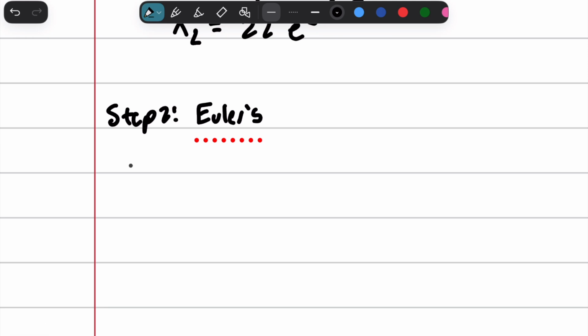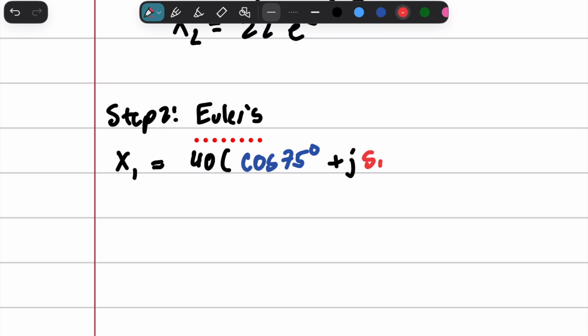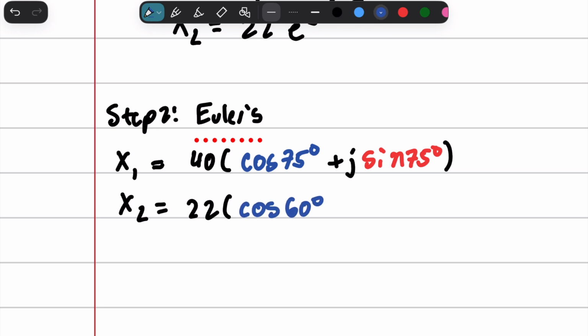X1 is equal to 40 times (cosine 75 degrees plus j sine 75 degrees), and X2 is equal to 22 times (cosine 60 degrees plus j sine 60 degrees).